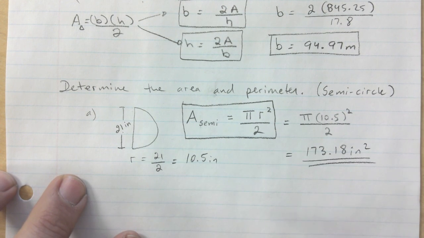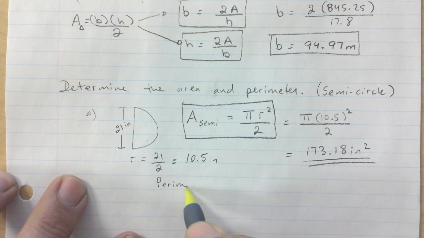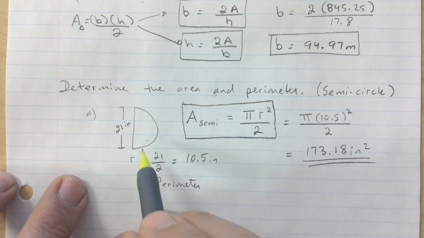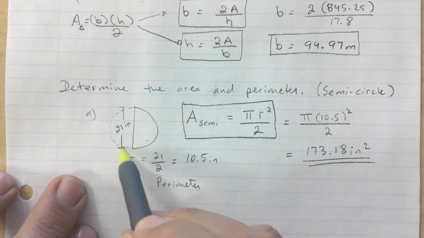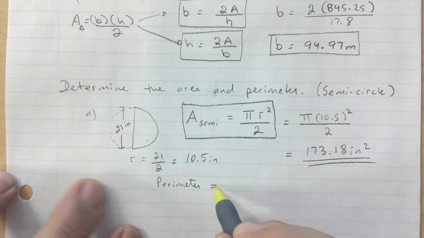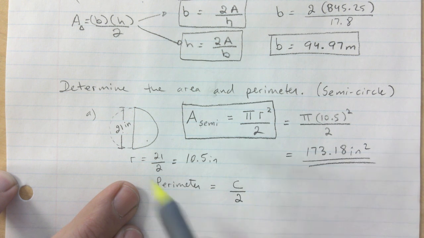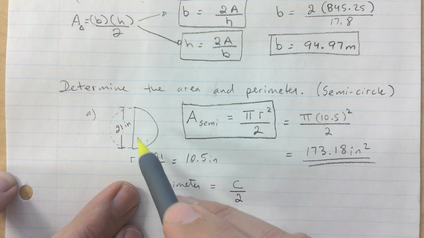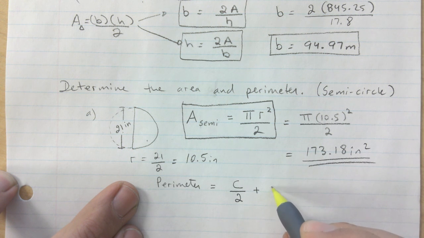And this is the last thing we'll do, okay? And then I'll call it a day. We worked hard today. How would you do the perimeter of this particular shape? You have to imagine, right, there is the other half that is missing. So perimeter would be circumference divided by 2. You take the whole circumference, but you divide it by 2 because you only want half, plus the diameter.